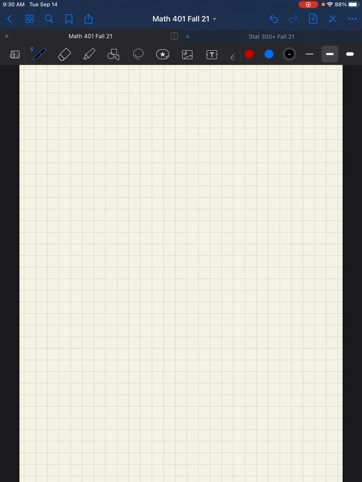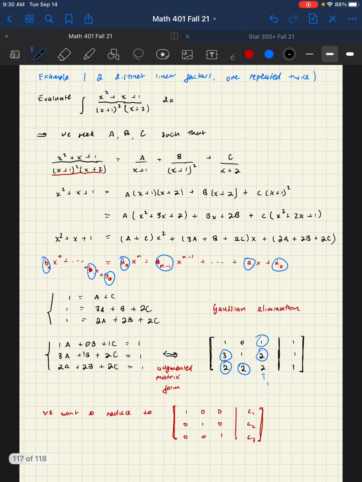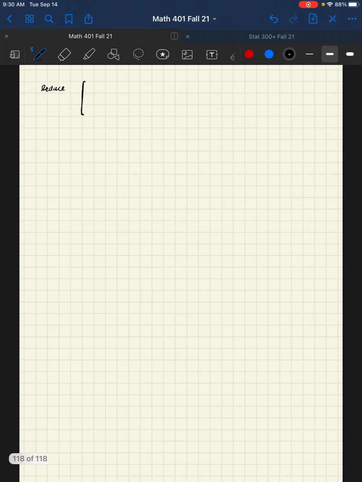Okay. So let's go ahead and reproduce, so our intermediate task is to reduce that augmented matrix. So 1, 0, 1, 1, 3, 1, 2, 1.